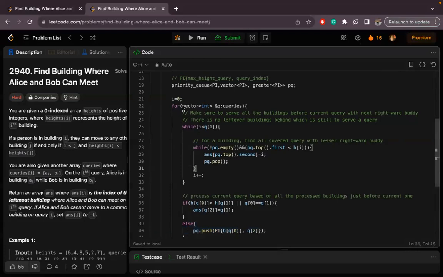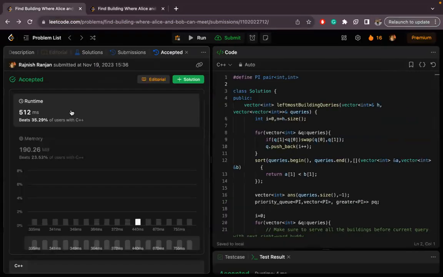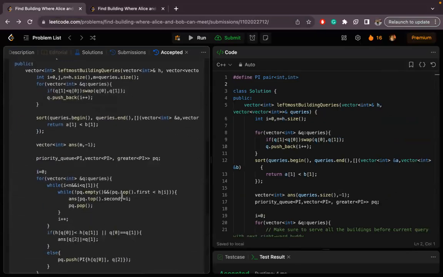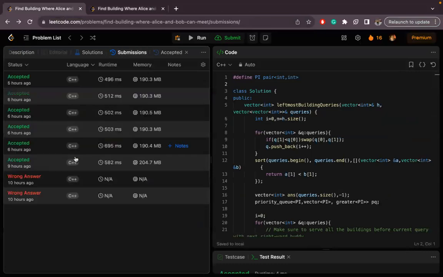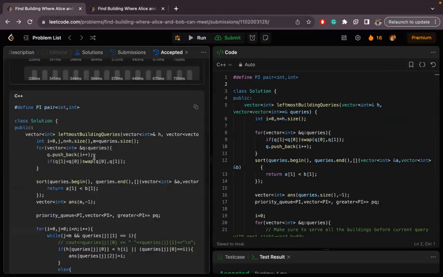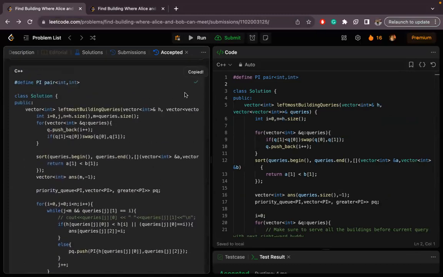But this can be reflected the very same way. Let me show you a different answer where I'm not traversing the queries, but I'm traversing over buildings right away.